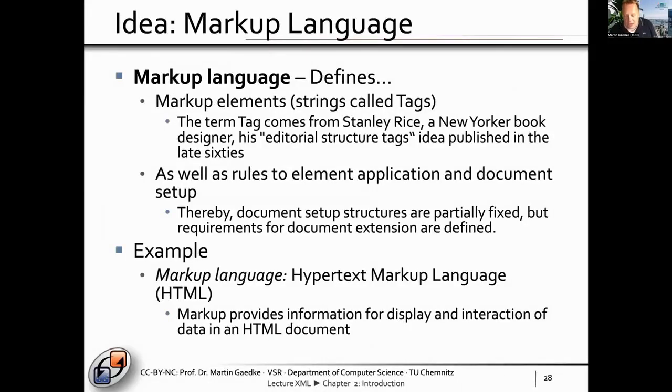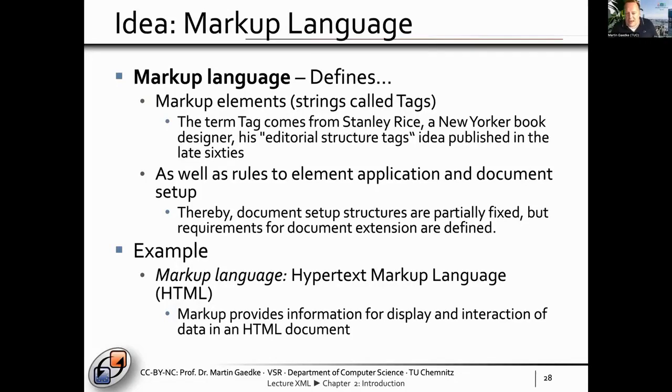I just want to make sure that markup is something that has evolved over time, starting with the term tag by Stanley Rice in the context of book design and editorial structures.